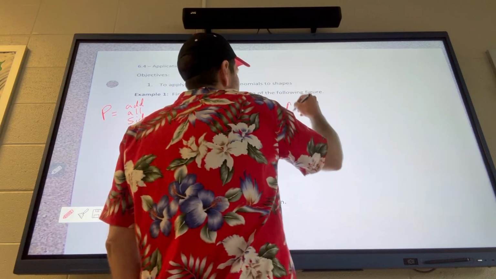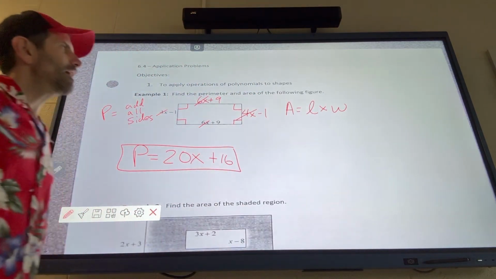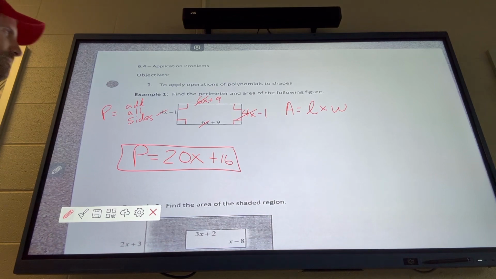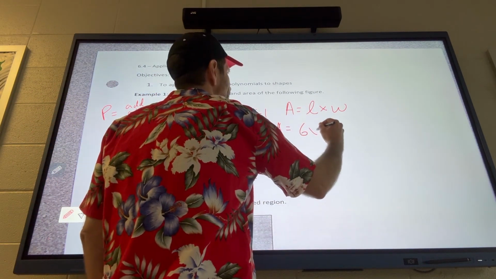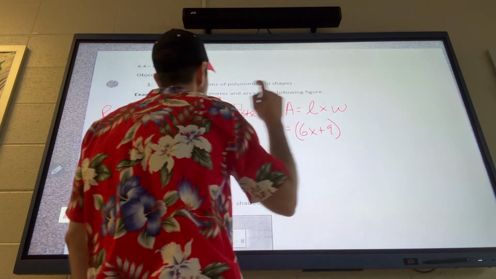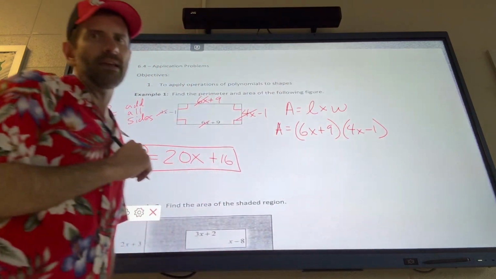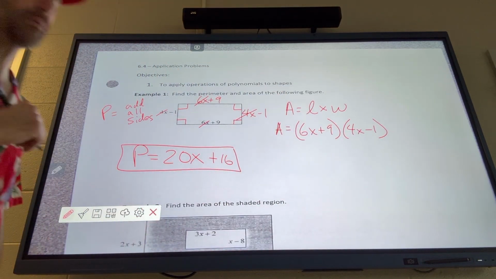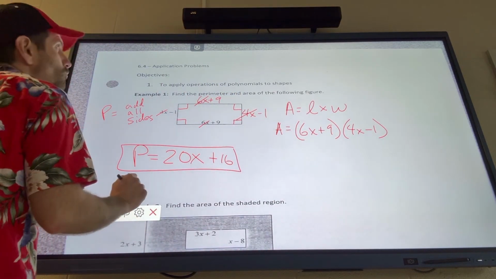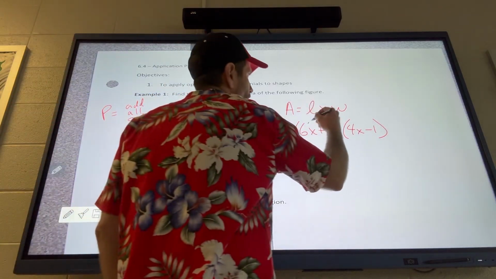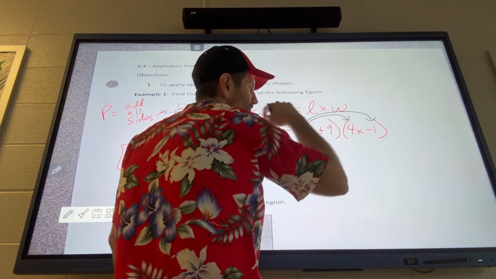So area, as I was saying earlier, is length times width. And our length and width, it doesn't matter which one is which, but we've got a 6x plus 9. We're going to multiply that with the 4x minus 1, and we get to distribute it. Distribute the 6x to both the 4x and the minus 1.